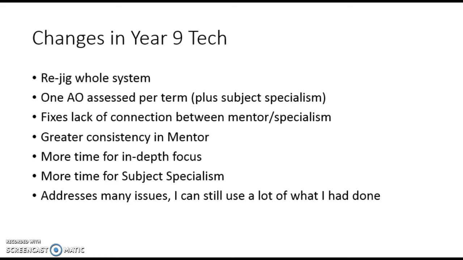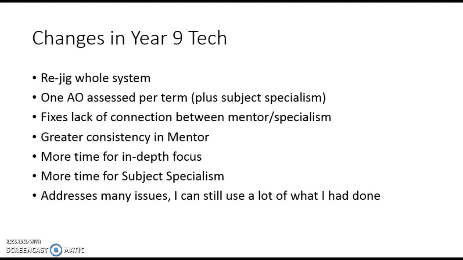The problem was, as I got all of that in place and got it changed, we decided to change a lot of stuff in Year 9 technology, and it was a change driven by Sheena Prankard. It was a really good change. It would have been even better if it had been a little bit earlier, so I could have not put so much time into what I'd done elsewhere.